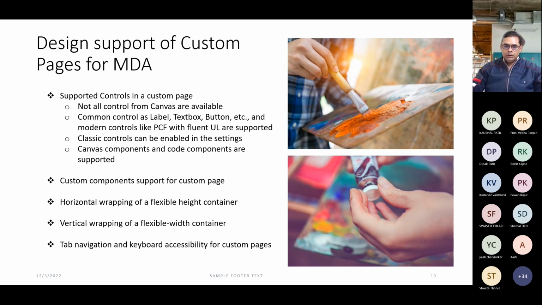Pro code, I mean the PCF control, is also supported over the custom pages. If you want to design your own control, the platform gives you the privilege to use that control over these pages. Horizontal wrapping and vertical wrapping are capabilities that come with the Canvas app offering. And another beauty is the tab navigation.